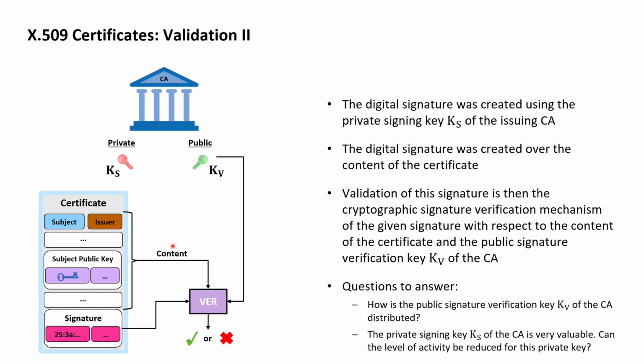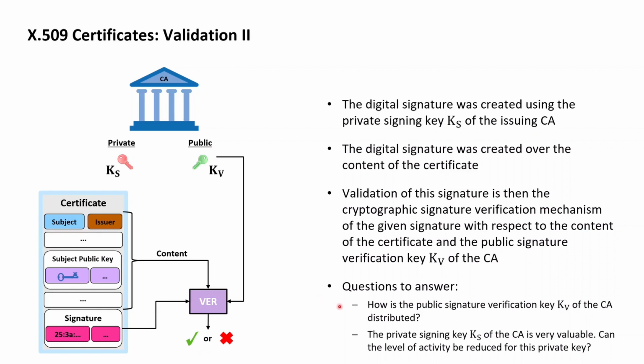The validation of this signature is then the cryptographic digital signature verification mechanism over the content of the certificate and against the public digital signature verification key of the CA listed as issuer, and if this digital signature successfully verifies, then the certificate can be deemed authentic and indeed to have been issued by the CA listed as issuer.